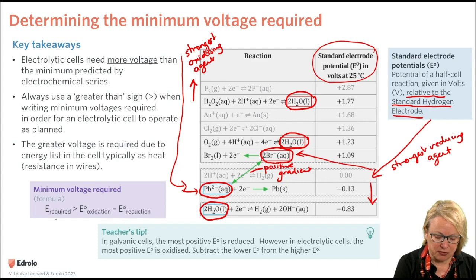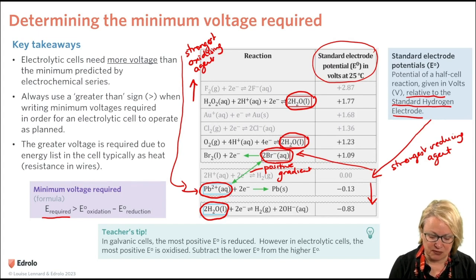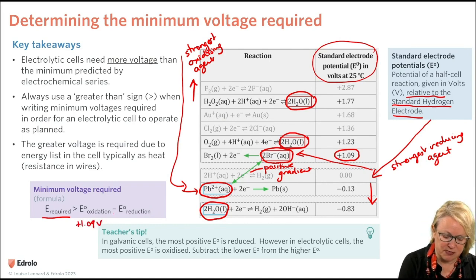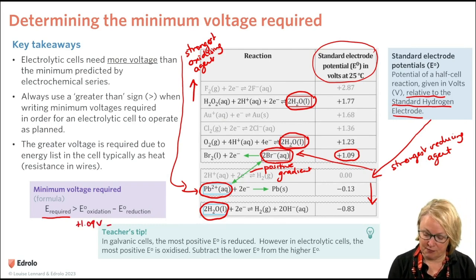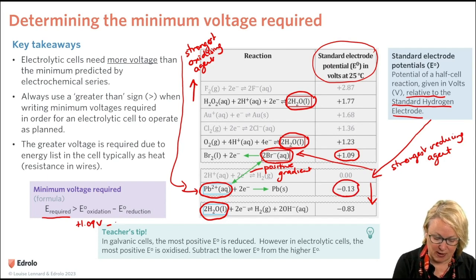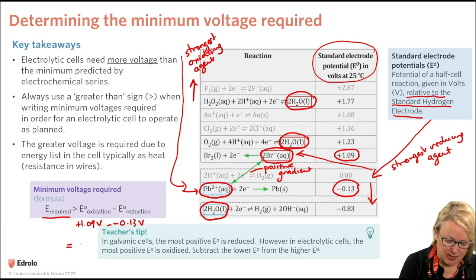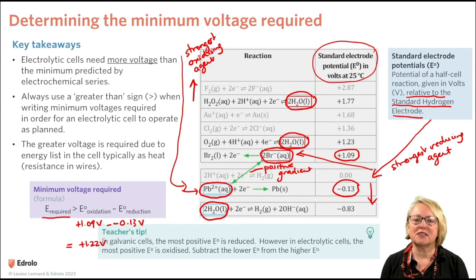So what we do is the required minimum voltage is the E naught of the oxidation reaction, which is this top one here, plus 1.09 volts, minus the E naught of the reduction equation, in this case, negative 0.13 volts. That means we need 1.22 volts, which is the difference in the E naught values.